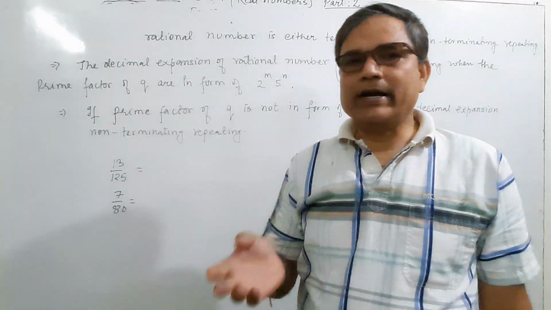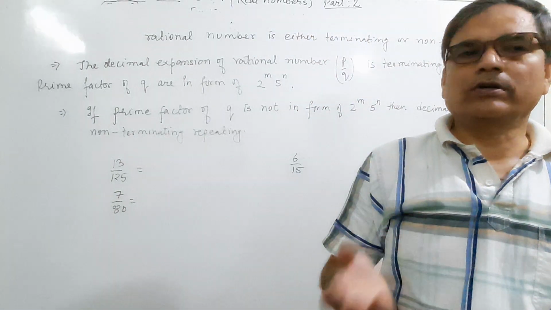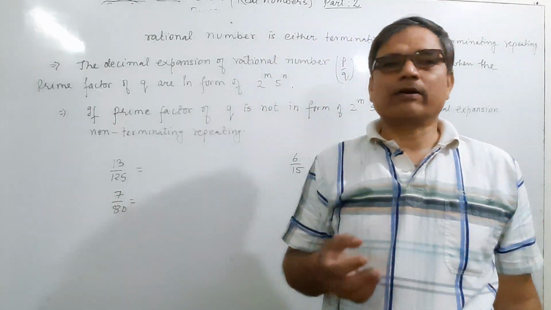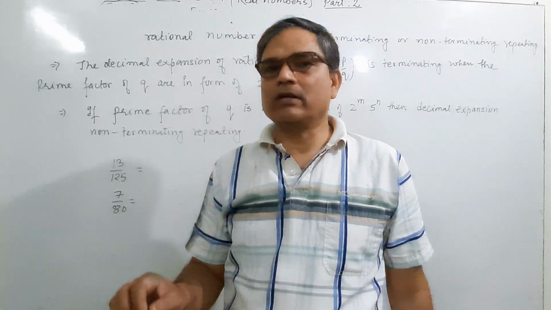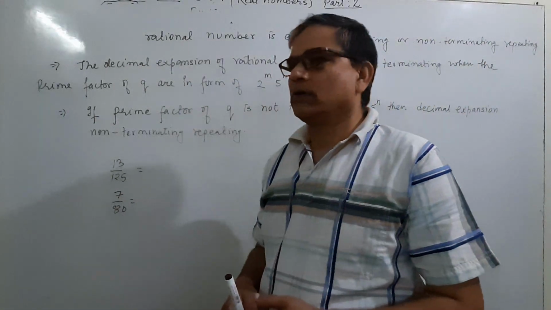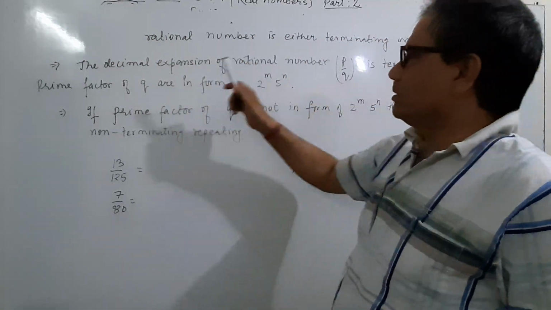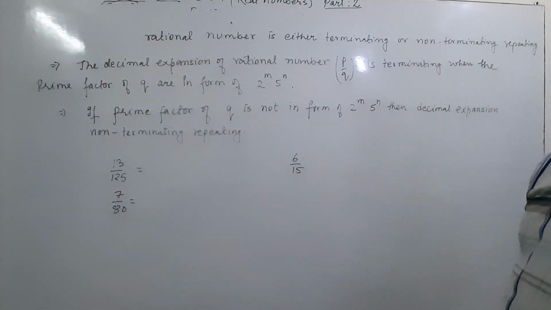Either we have to divide it, which you have done in 9th class, or without dividing, means without a divisibility test. How can we check whether the rational number has a terminating decimal expansion or non-terminating repeating decimal expansion?